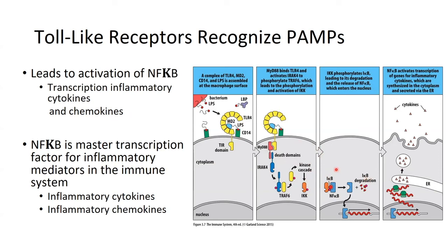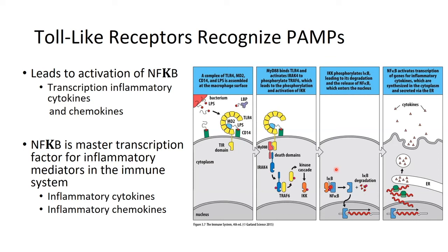I-kappa B becomes targeted for proteasome-mediated degradation. And when I-kappa B is degraded, it releases its binding partner, NF-kappa B. NF-kappa B normally sits in the cytoplasm. But when I-kappa B is degraded, NF-kappa B is free to move into the nucleus.